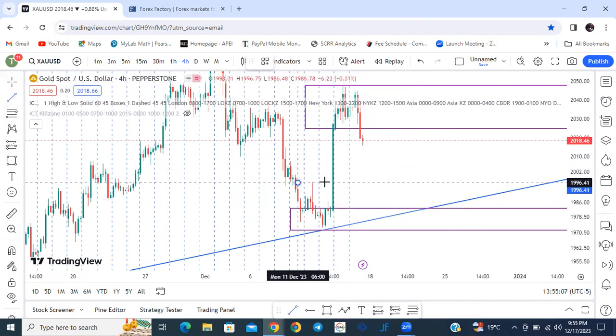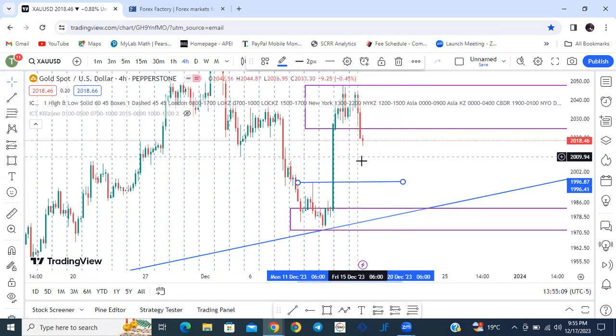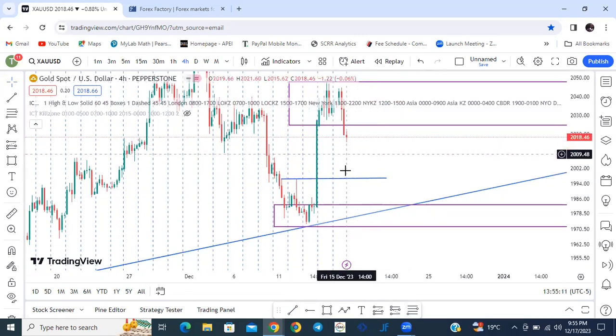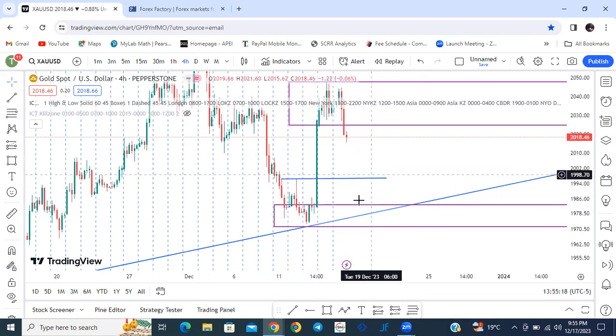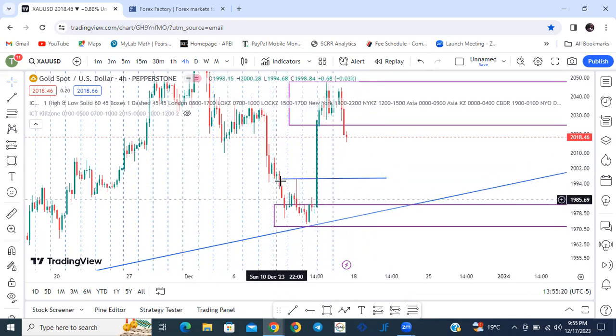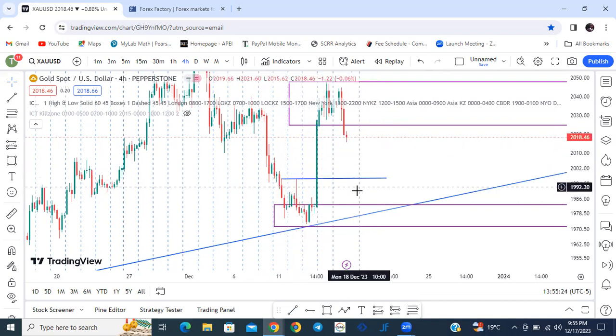So here we have a change of character. After this breakout of change of character, we might be anticipating the price to come all the way down here to retest this change of character, to retest this breakout. So this side is resistance, then breakout, this side is support, right?